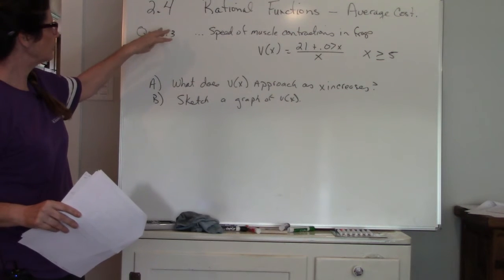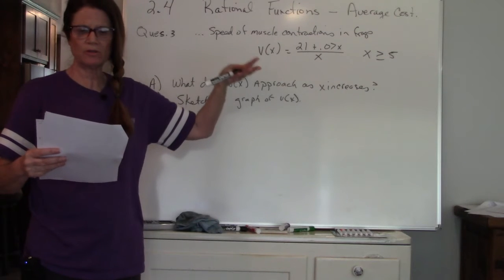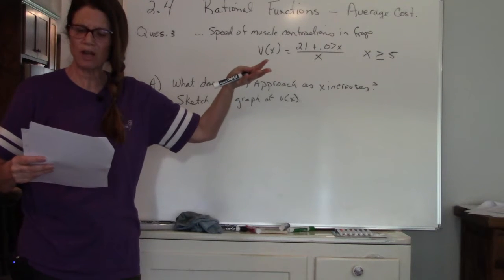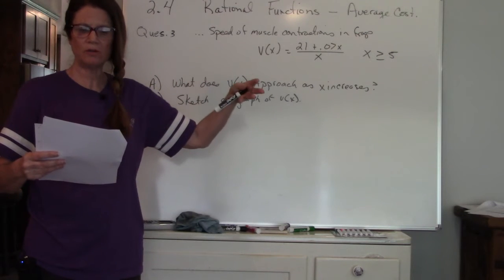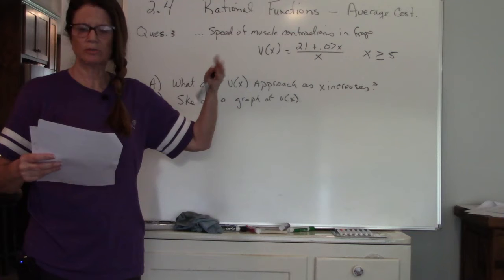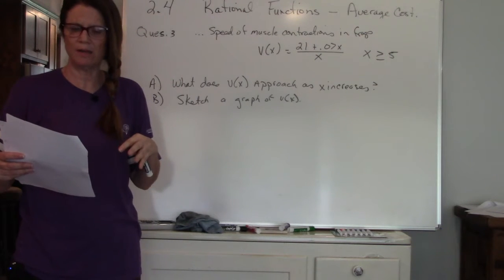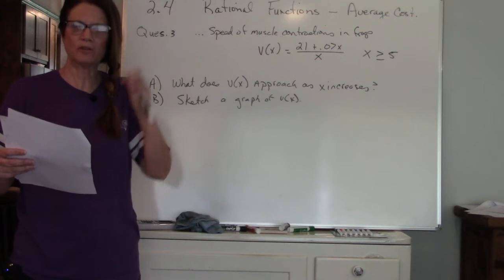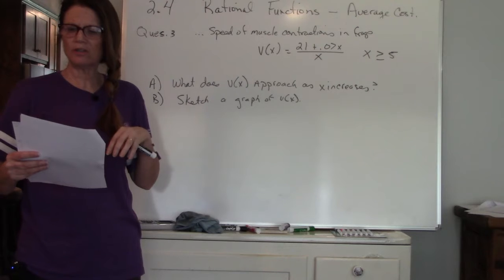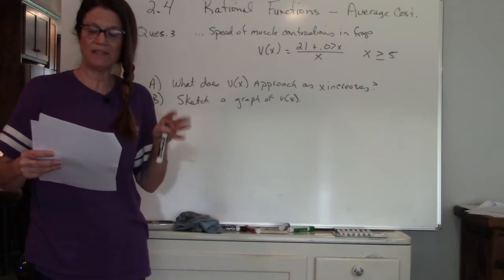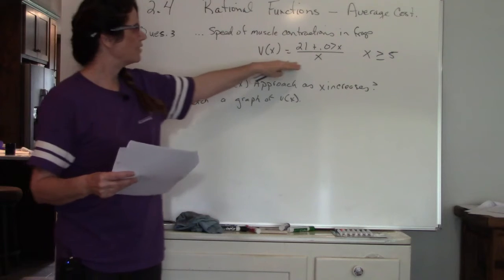So the question on question 3 is, you have a study on the speed of muscle contraction in a certain species of frogs under various loads. Researchers found that the speed of contraction decreases with increasing loads, which makes sense, right? The more pressure you put on, the contraction slows down. In particular, they found that the relationship between speed of contraction, v, and load, x, is given by this function.